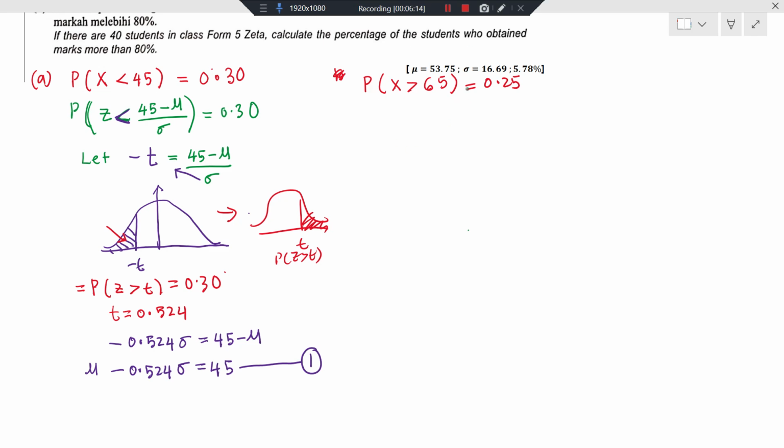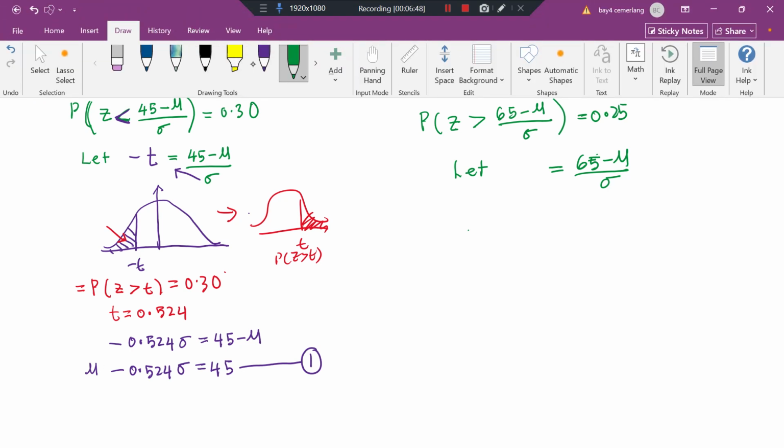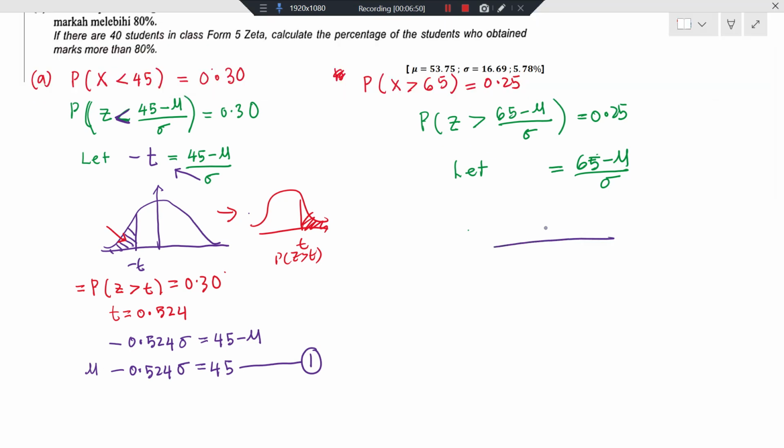Next, the process of standardizing this. 65 minus mu over standard deviation is equal to 0.25, and of course we're going to let T, but you already labeled the T. Never mind, we can use the T again, no problem. We don't know whether the T is positive or negative, so I leave some space there first. 65 minus mu over standard deviation. Okay, let us draw and see.